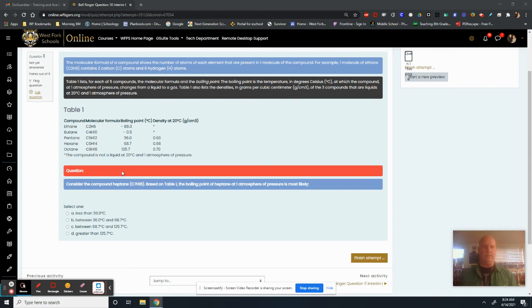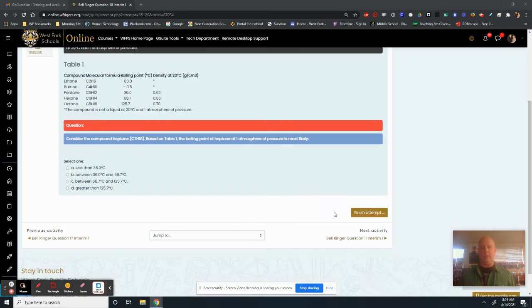He is correct. What he did is he looked here. Hexane was C6H14, heptane was C7H16, so it's just one space in between hexane and octane. Hexane was 68.7 degrees Celsius, octane was 125.7. So it's going to be in that range between. So that is that selection.